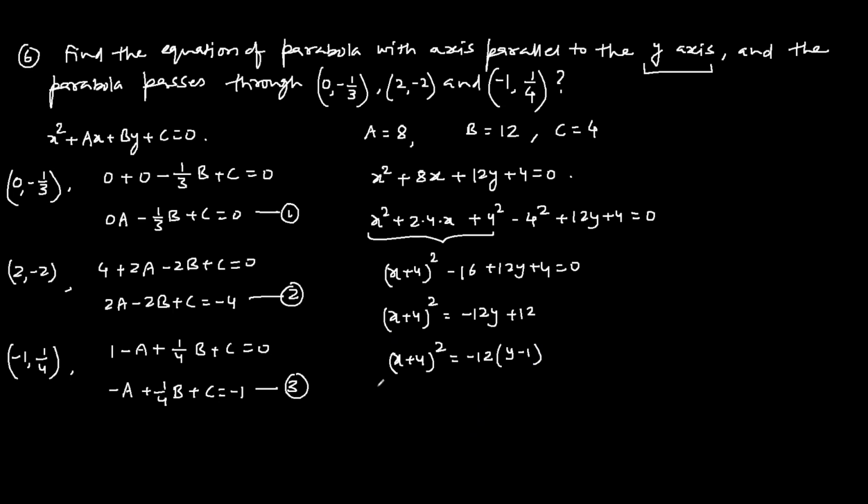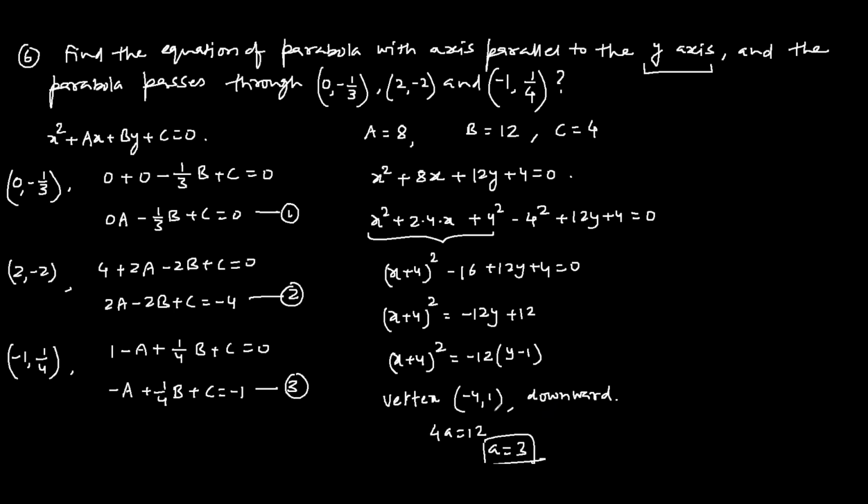So this is the equation of a parabola with vertex minus 4 comma 1, and this parabola is a downward parabola, and the value of minus 4a is minus 12, so 4a is 12. So the value of a is 3, and the parabola is a downward parabola.